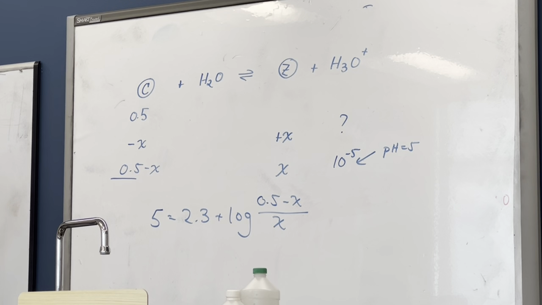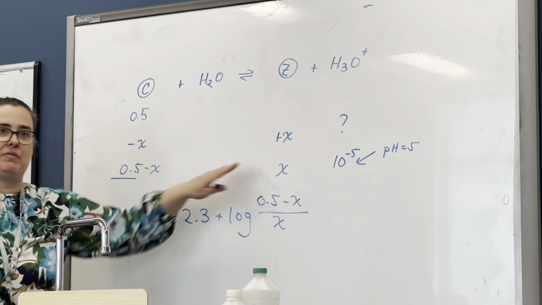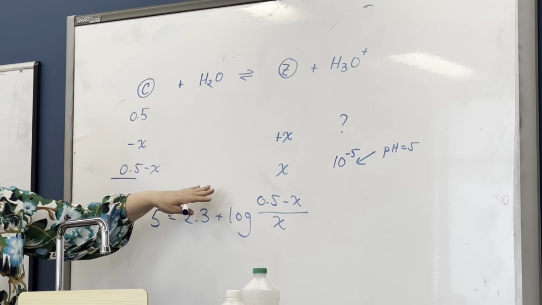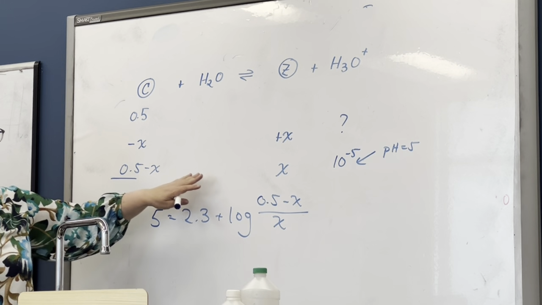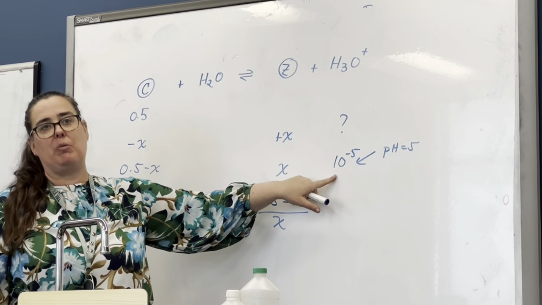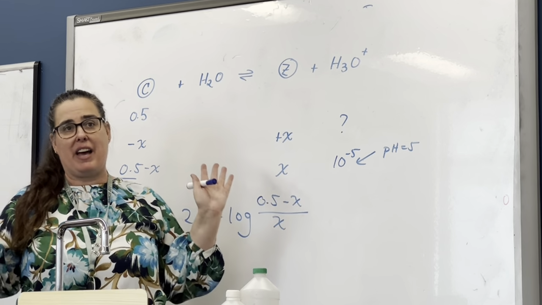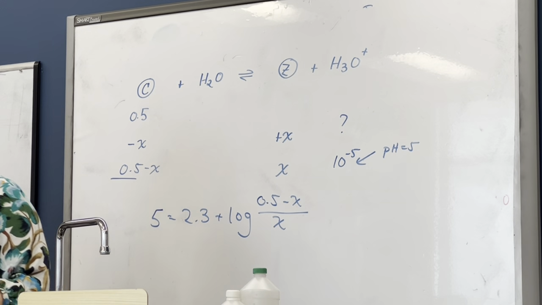Do you see what I did wrong, like assuming something that I could not assume? I was just initially confused by this way. Does this help? Yeah. I was just seeing that 0.5 minus x and x that I was working so hard to convince the back table of. But what I did incorrectly was assume that this was natural, but we knew it wasn't natural because someone set that pH to be 5. And so when we magically got the right answer, I felt like you were the rock star.